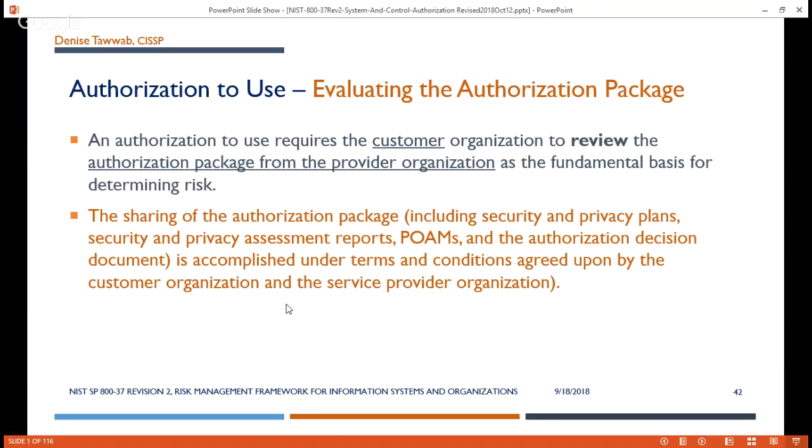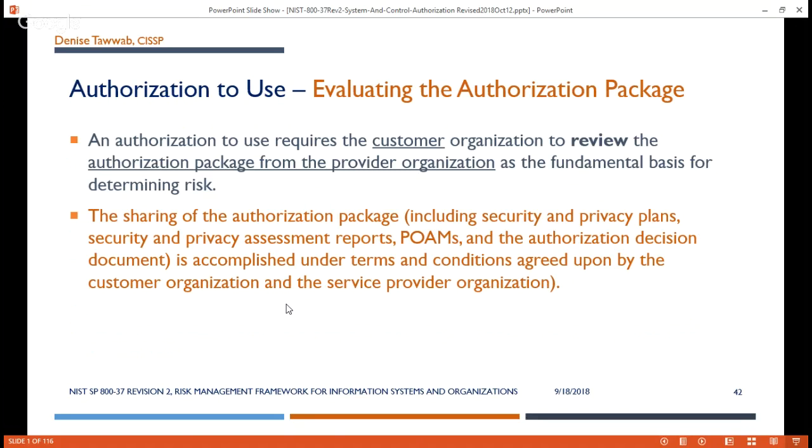So let's talk about evaluating the authorization package when you're an AO looking at an authorization to use. An authorization to use requires the customer organization to review the authorization package from the provider organization as the fundamental basis for determining risk. This is the information that you get to determine whether it's worth it from a risk standpoint.